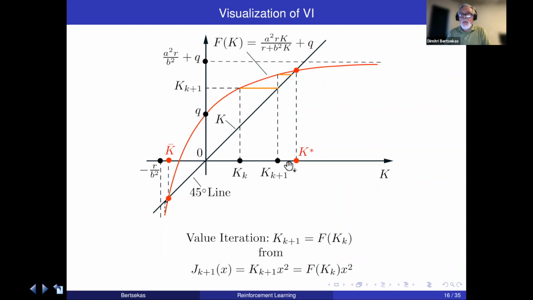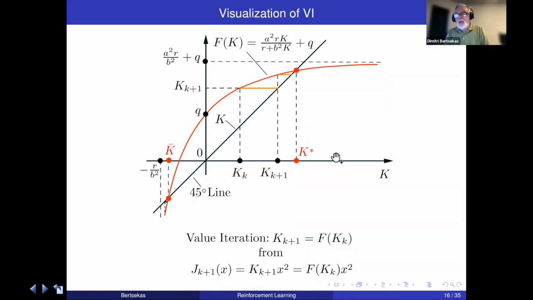You reflect it upon the 45-degree line, you get K_{k+2} here, K_{k+3}, and so on. So value iteration is simply this staircase construction on our figure. This is the case where you start to the left of K star.